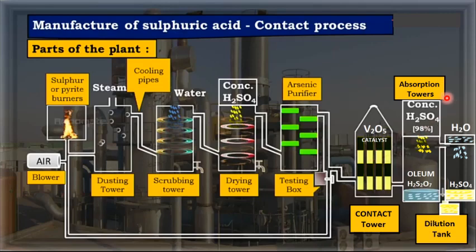Absorption tower. The absorption tower is basically used to produce oleum by the absorption of sulfur trioxide gas in 98% concentrated sulfuric acid. In the last, the dilution tank. The dilution tank is used for the preparation of sulfuric acid.